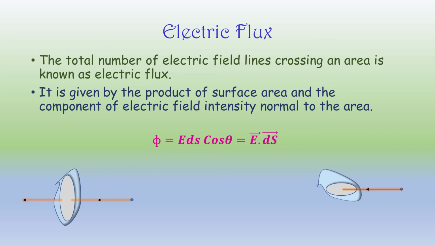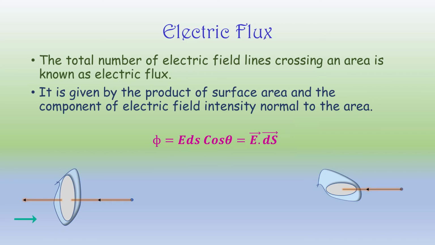It is given by the product of surface area and the component of electric field intensity normal to the area. Hence, in the form of a formula, we can represent electric flux phi equals E ds cos theta, or vector E dot vector ds.